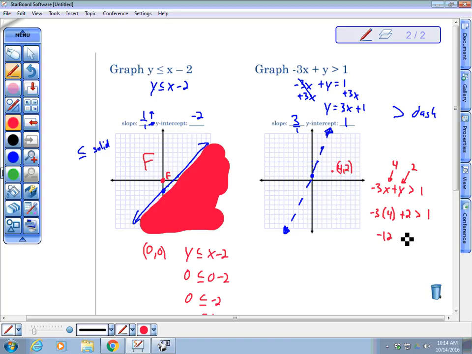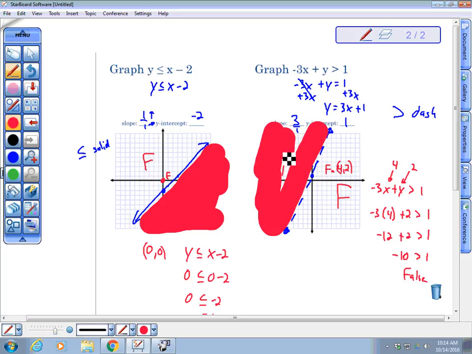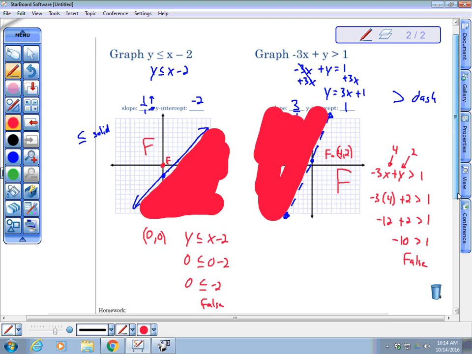So I get negative 12 plus 2 greater than 1. I get negative 10 is greater than 1. Now negative 10 is actually smaller than 1, so this is a false statement. Since it's a false statement, that makes this dot false, that makes this whole side false, and remember that the line divides the false side from the true side, so this must be the true side. So shading the side that is true, like so. And there you go.